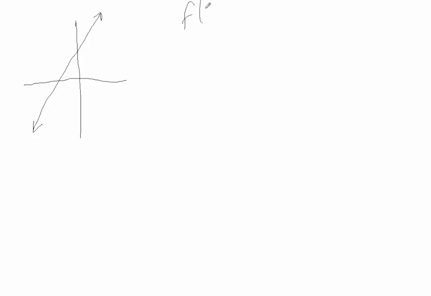If we had f of x equals x squared, and we didn't know what it actually looked like, we know that as x gets really, really large, or goes to positive infinity, a million squared, a billion squared, a trillion squared, these are just huge numbers.